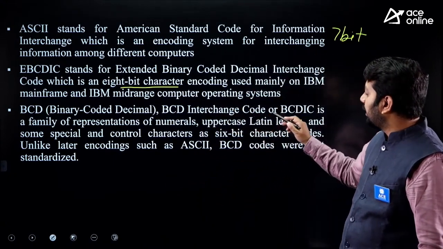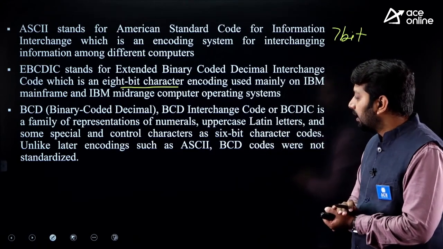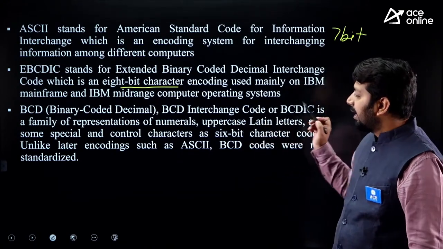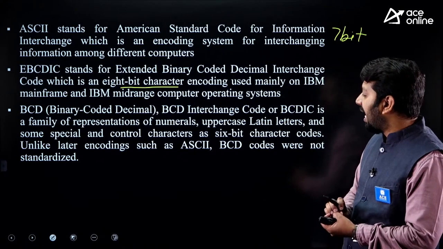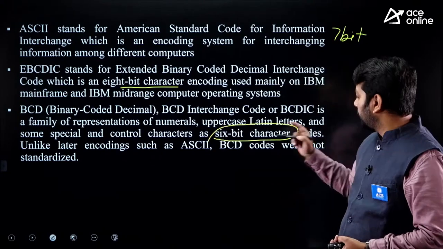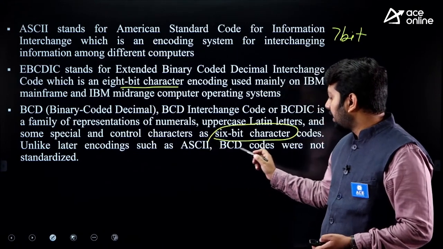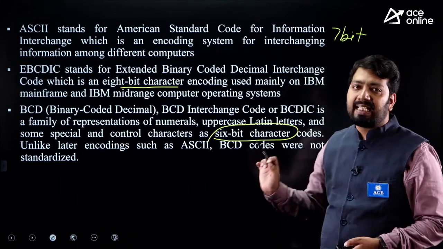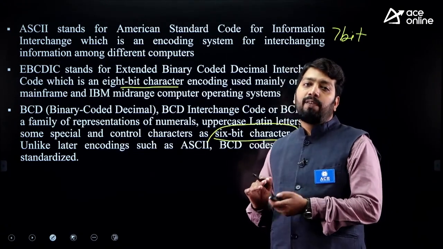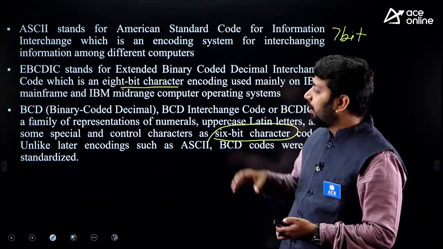BCD Interchange Code is a family of representations of numerals (numbers), uppercase Latin letters, and control characters as 6-bit characters. So we have 7-bit, 8-bit, 6-bit character codes. Unlike later encodings such as ASCII, BCD codes were not standardized, so we cannot use them with every computer. ASCII code can be utilized.